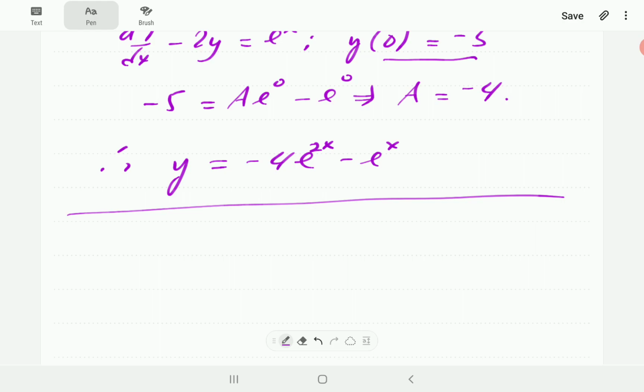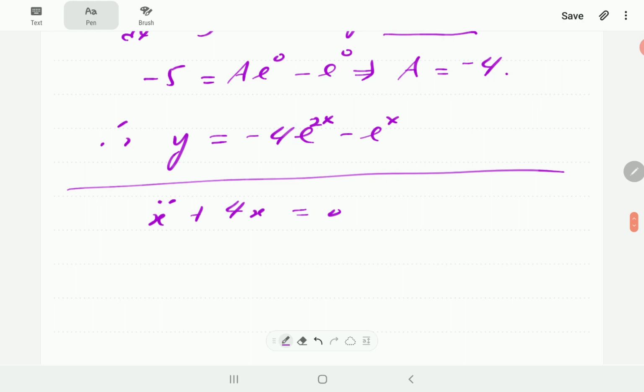Here is another example. Let's say we've got the ODE x double dot plus 4x equals 0. This is a second order ODE. This ODE has the general solution a cosine 2t plus b sine 2t.